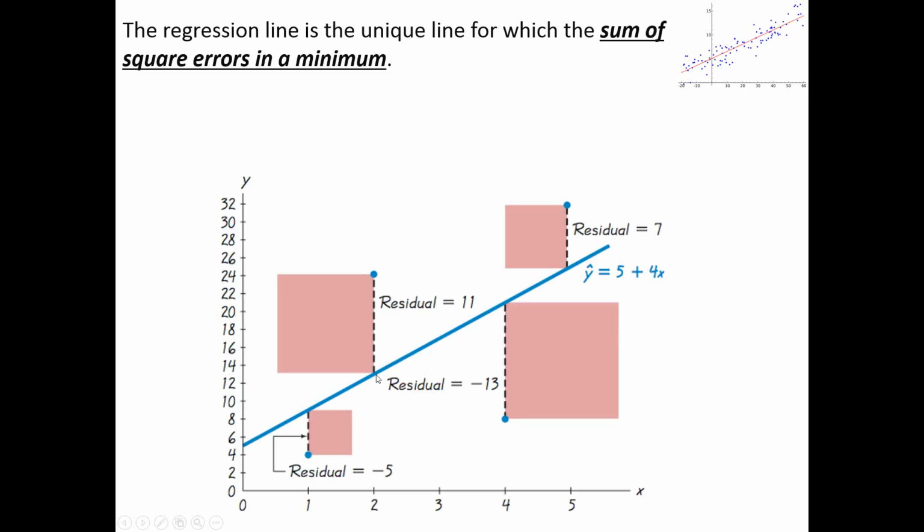They're just the data point value minus the y value from the line. When you square the errors, another way to think about it is that you have the areas of these squares. So the regression line is that unique line where the sum of these areas would be the smallest. It's the least.